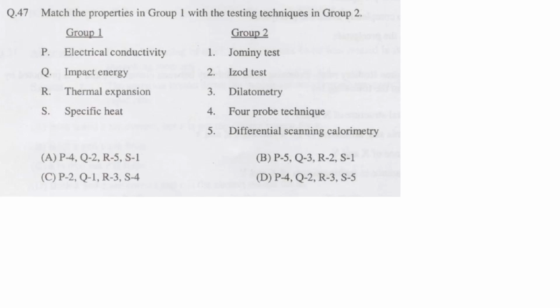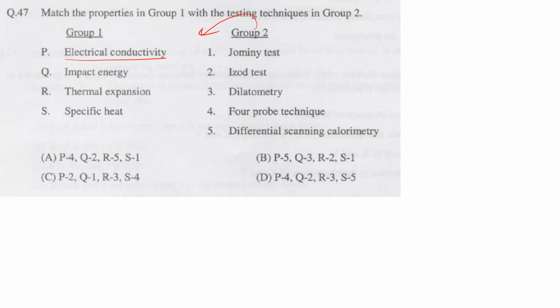Match the properties in group 1 with the testing techniques in group 2. Okay, so electrical conductivity, how can we check? Jominy test we do for what? To measure the hardenability, right? So we can do the matching from group 2 to group 1. So Jominy test for hardenability, I think it is not given over here.